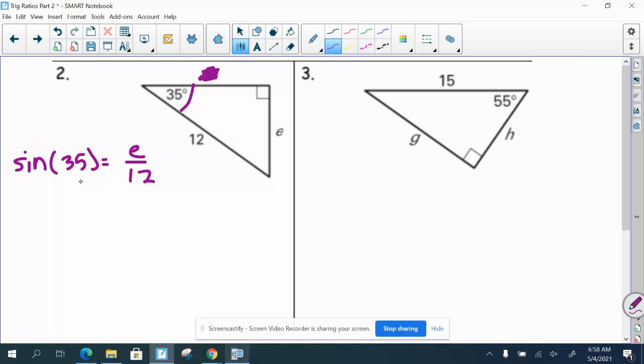All right, so for this one, the e is in the numerator. So we're going to just multiply both sides by 12. So then we'll have 12 times the sine of 35 equals e. And then we don't have to divide here. We're just multiplying both sides by 12, and then type in your calculator 12 times the sine of 35.